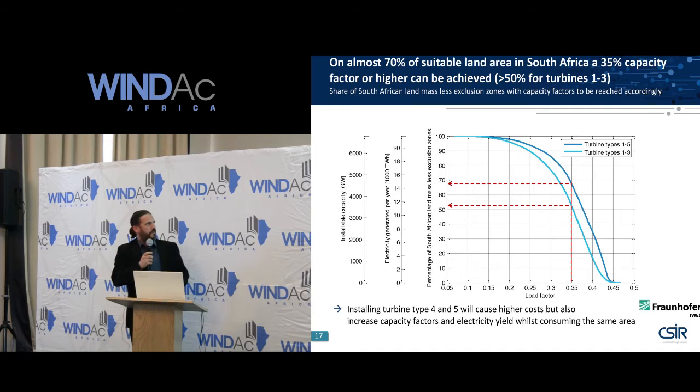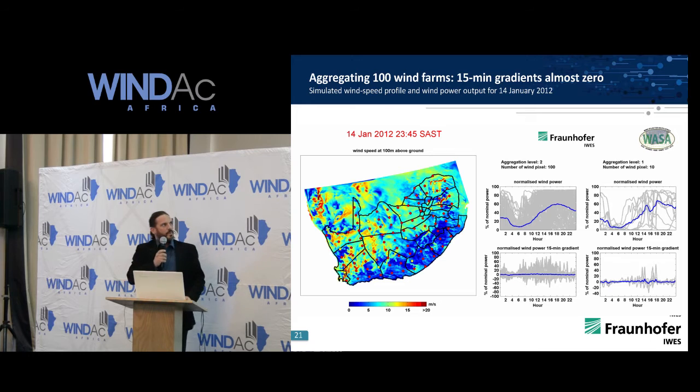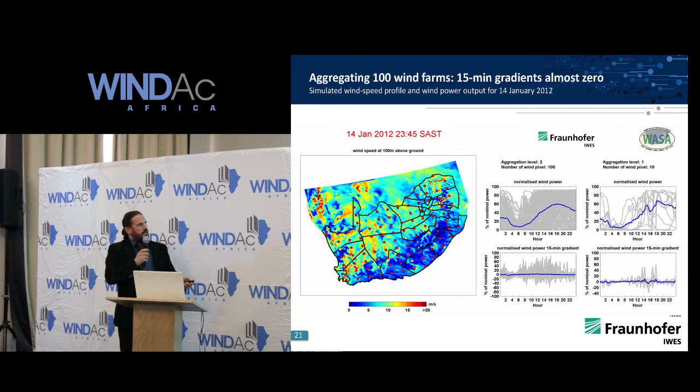Coming also to an animation which has been shown yesterday, just to focus on one point. You see on the right hand side the gray lines, which are single wind turbines. You see on the left hand side the average for a well spread wind installation in South Africa. Every dot indicates one installation. You see the fluctuations down there, single plants with a high fluctuation, and the smoothing effect in the whole system on the left hand side.